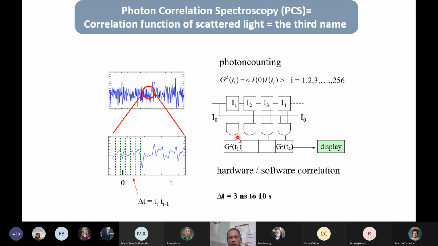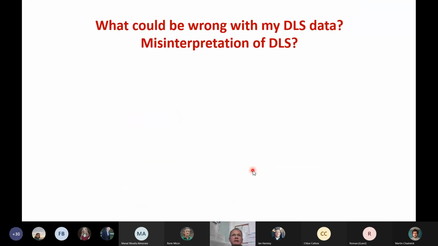Then it calculates, in real time during the experiment, the values of the correlation function for different delay times. That's how it is supposed to work for a diluted, monodisperse, ideal solution.